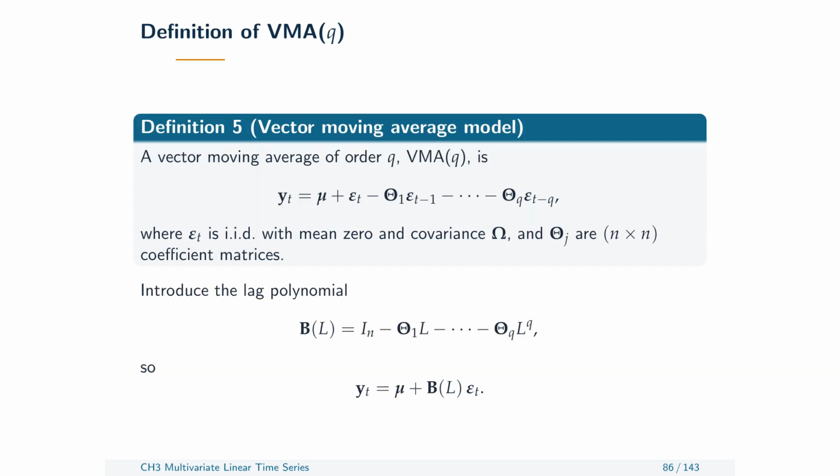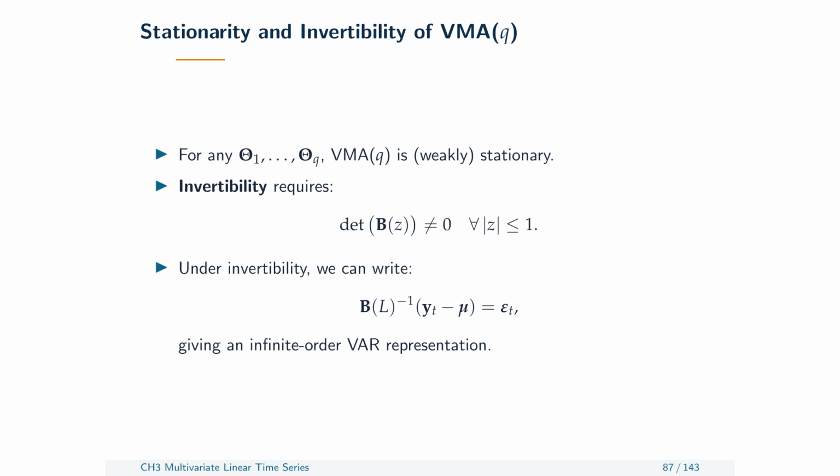A vector moving average, or VMA, of order Q writes Y as its mean, plus the current innovation and Q matrix-weighted, lagged innovations. It is covariance stationary for any finite coefficient matrices when the innovation covariance exists. Invertibility requires the determinant of its moving average polynomial to remain non-zero on and inside the unit circle.